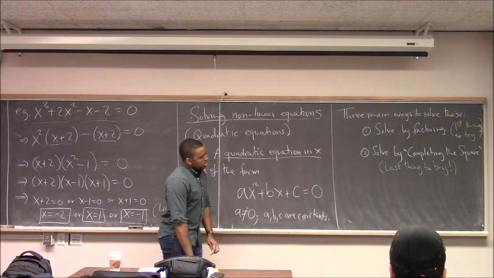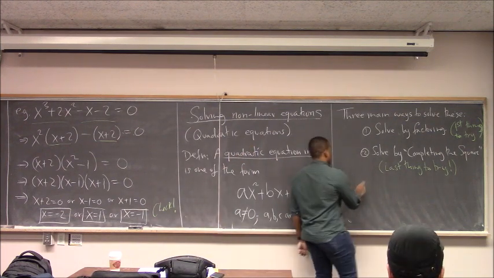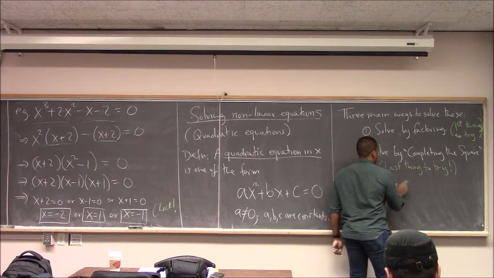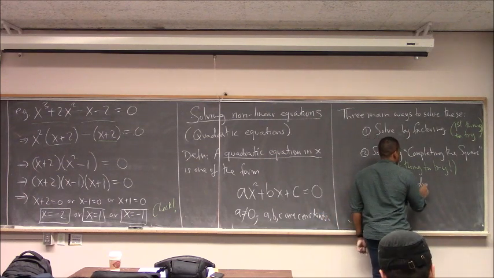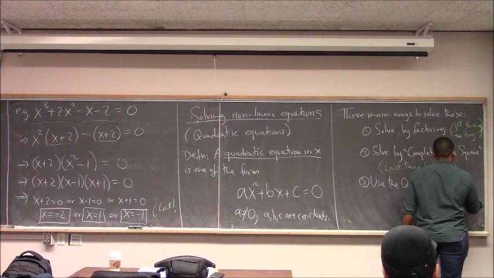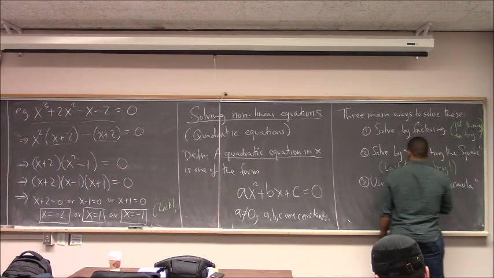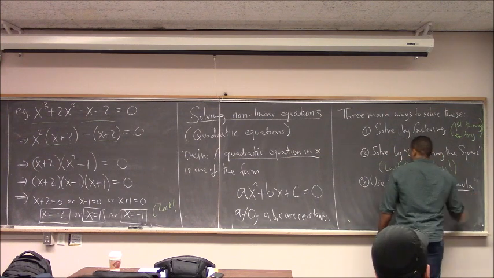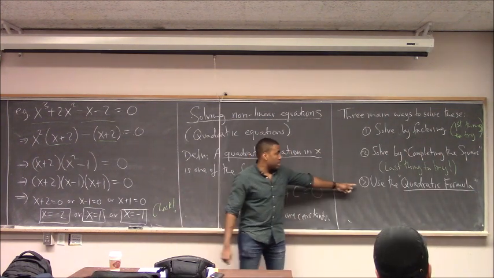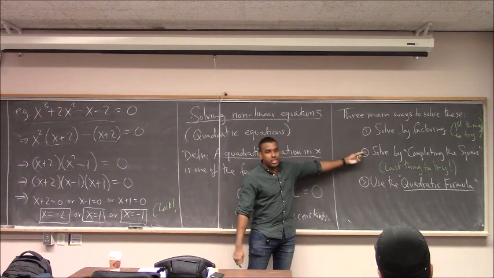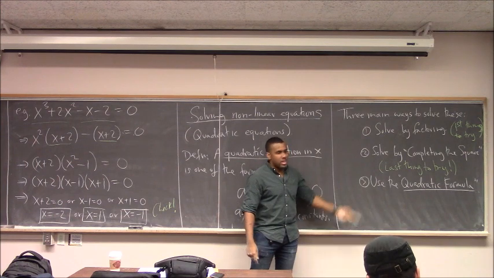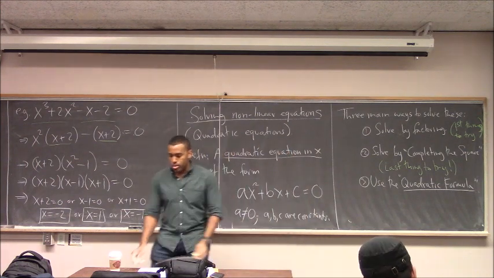The third thing is using what we call the quadratic formula. I put this in step 3 for historical reasons, because this formula is actually proven using this technique. So technically completing the square comes first, but it's not really something you want to do unless you have to.